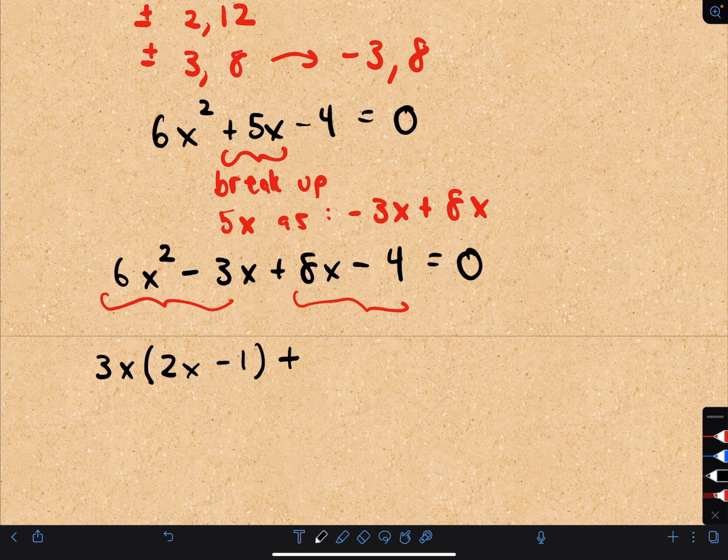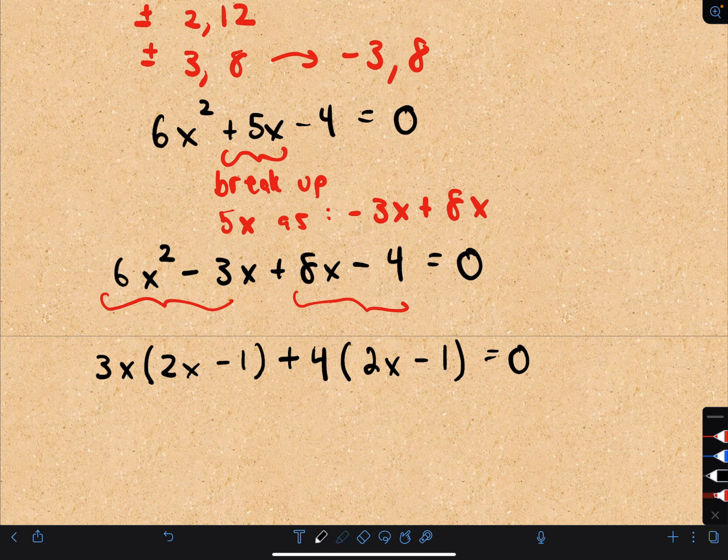Well, I could factor out a 2, and, oh, not a 2. Let's factor out a 4, right? If we factor out a 4, I would need a 2x because 4 times 2x is going to give me my 8x. And then 4 times negative 1 is going to give me my negative 4.